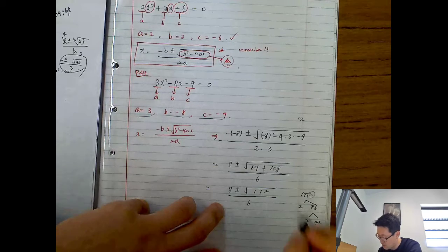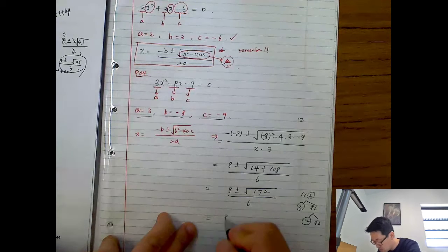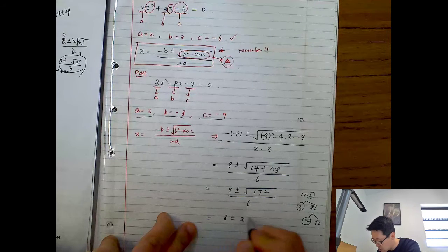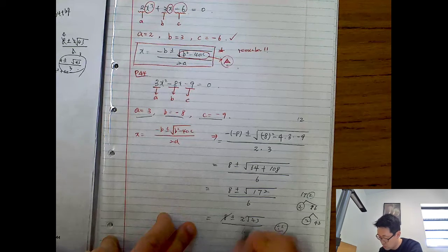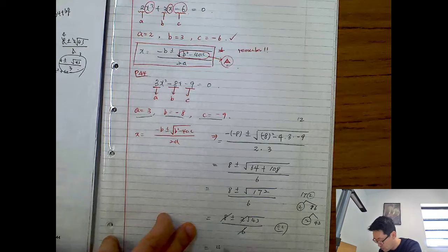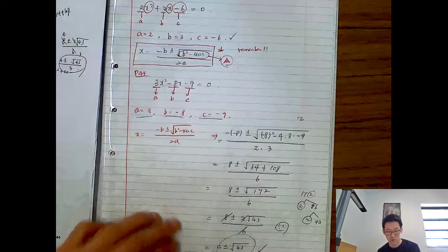Can I go further? No. Oh, we have 2 twos there, which means 8 plus minus 2 can come out, square root 43, over 6. We can divide by 2: 4 plus minus square root 43 over 3. Am I? Yep, correct. So you got the 2 answers there.